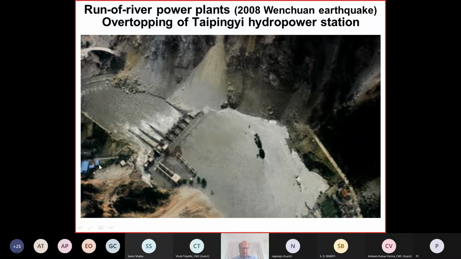Here, the power plant is a few kilometers downstream. This is the intake structure for this headrace tunnel. So, due to the earthquake, the power failed, and the emergency power supply also somehow was not working. So therefore, it was not possible to open the gates.